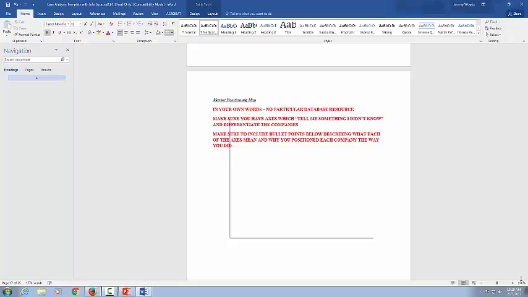And then below here, I want you to write why you have placed each competitor where you did on the y-axis, and then another sentence with why you placed each competitor where you did on the x-axis. So it's going to be a map with two axes, two competitors placed somewhere on this map, and then two sentences down here describing why you did what you did. Make sense? Okay.